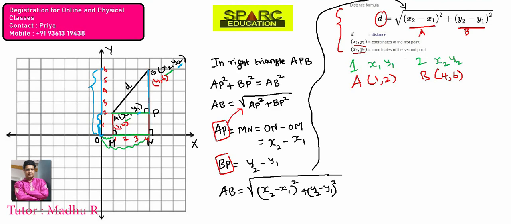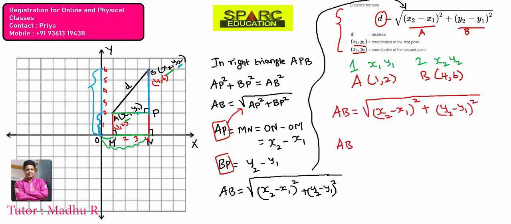Substitute in the formula. The distance AB will be the square root of the difference of the x coordinates squared plus the difference of the y coordinates squared, and taking the square root. So the distance AB would be the square root of (x2 minus x1, which is 4 minus 1) whole squared plus (y2 minus y1, which is 6 minus 2) whole squared.